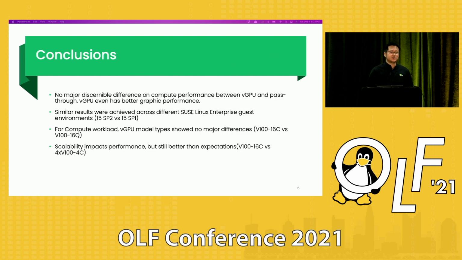But our results show that it's much better than 1/4. It's getting about 1/2. So that's an interesting finding. It at least tells us that if you run multiple vGPUs, you should still have gains over it.